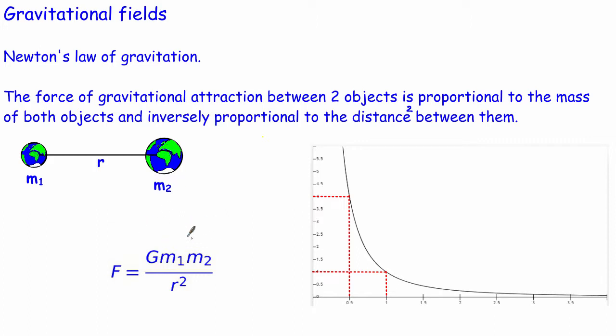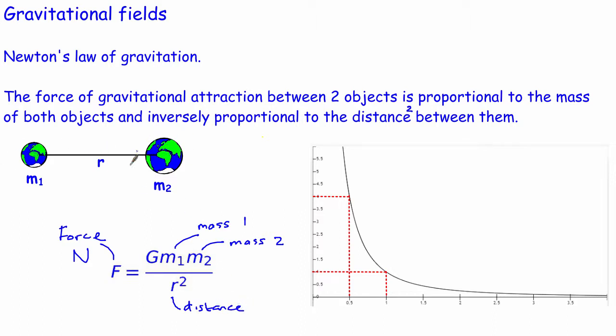In terms of an equation, it's given by this, where F is our gravitational force. As you know from GCSE and from Unit 2, force is measured in newtons. M1 and M2 are the masses of our two objects: the mass of object number 1 and the mass of object number 2. r is the distance between these two objects.